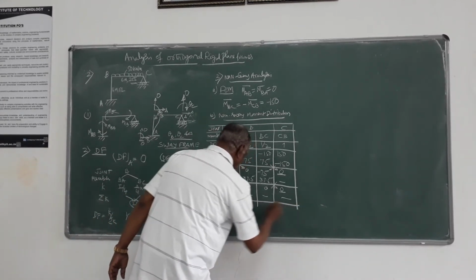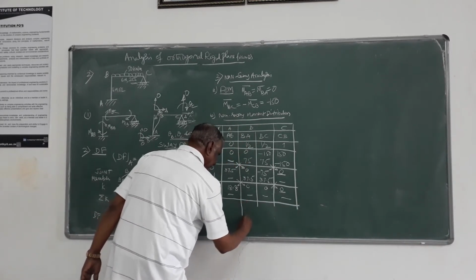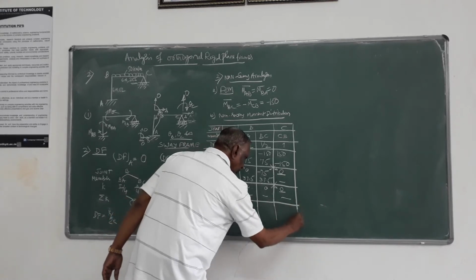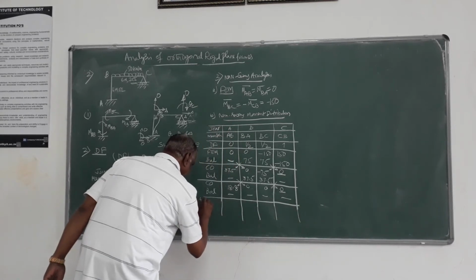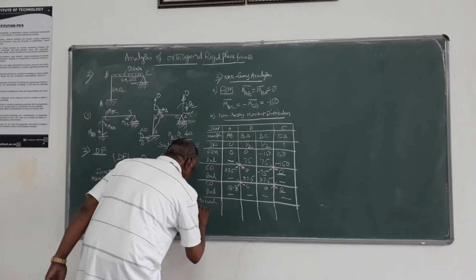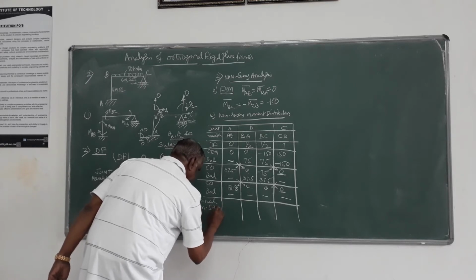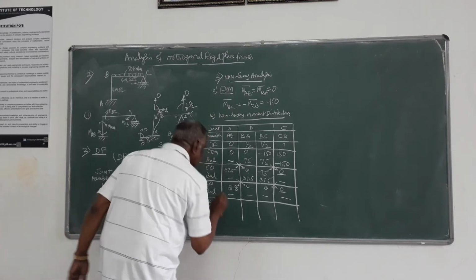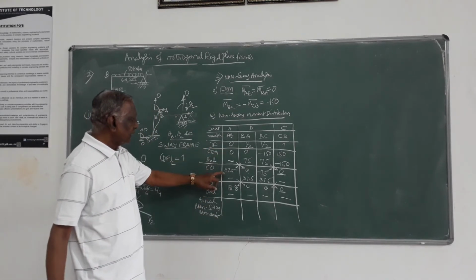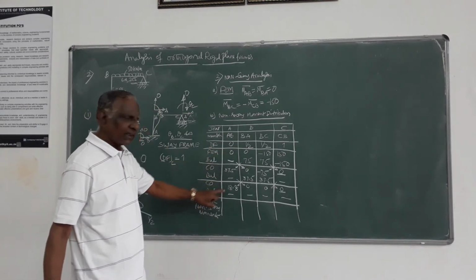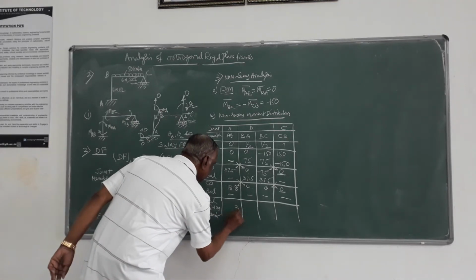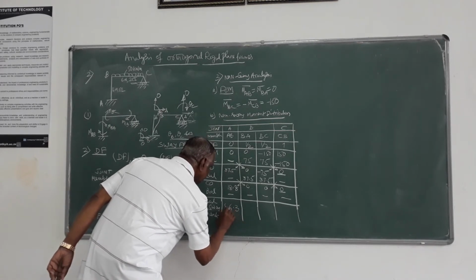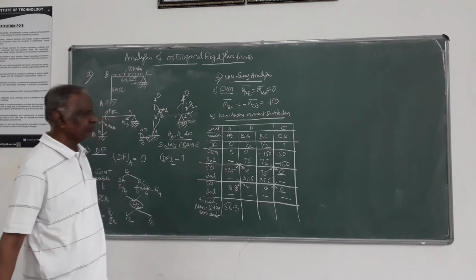So this is non-sway moment distribution. You find final non-sway moments. So here it is 37.5 plus 18.8, 56.3.